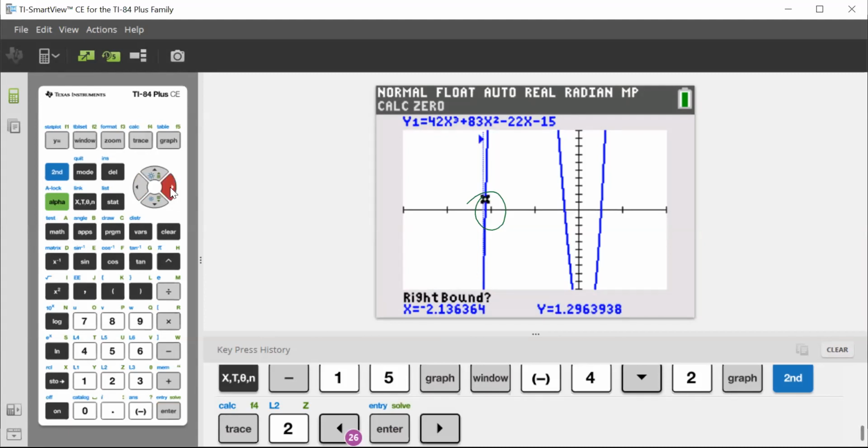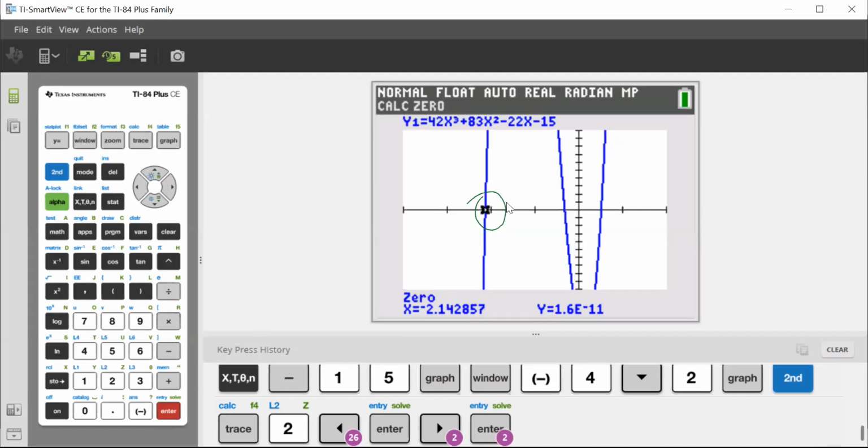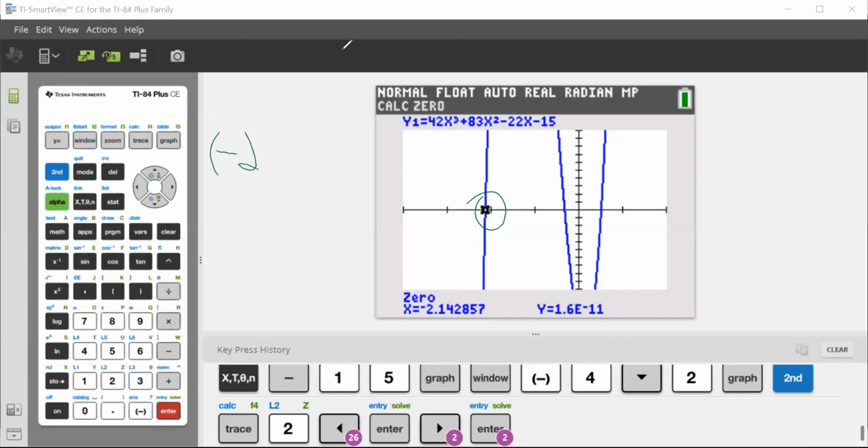I could go to like negative 2.13 or negative 2.09. That's bigger than negative 2.1. Press enter. It'll ask for a guess. We don't need to put a guess, we can just press enter. And then it gives us that the intercept happens at the point negative 2.143, 0.